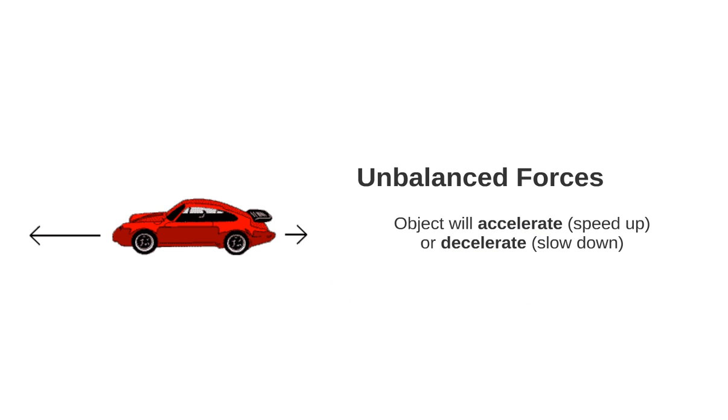And this really is that key idea. It's the same idea as the one at the top. Essentially, it takes an unbalanced force, a net force, to change the motion of an object. And when we say change the motion of an object, it can cause it to change direction, speed up or slow down. If the forces are balanced, it will continue in constant motion.